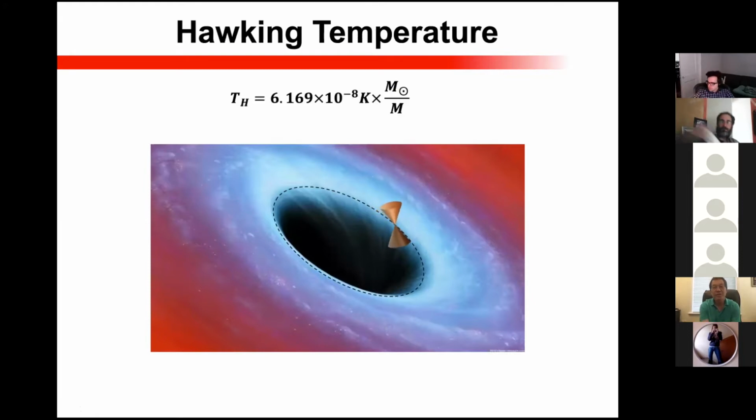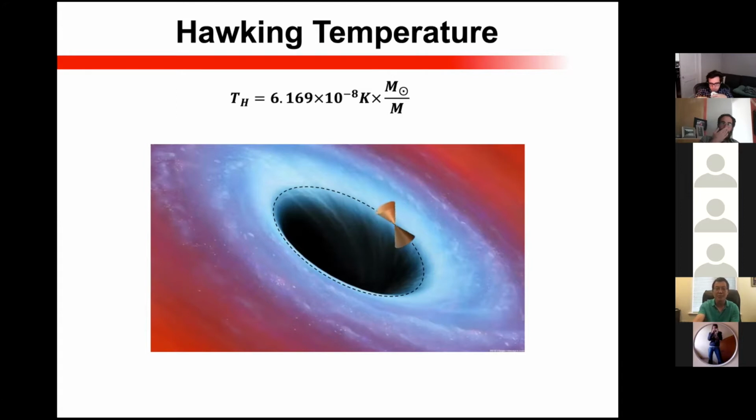As I mentioned, this workshop is devoted to the analogs of black hole, and there are many different fascinating physical phenomena associated with black holes, and one of them is Hawking radiation. One of the challenges of Hawking radiation is that if we consider one solar mass, the temperature of Hawking radiation is 10 to the minus 8 Kelvin.